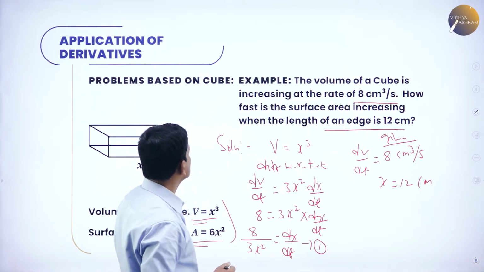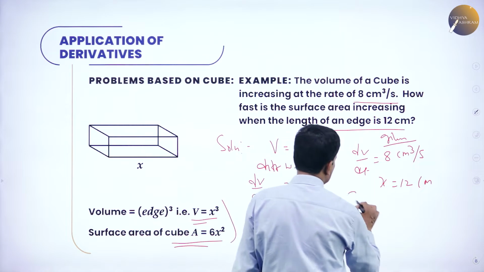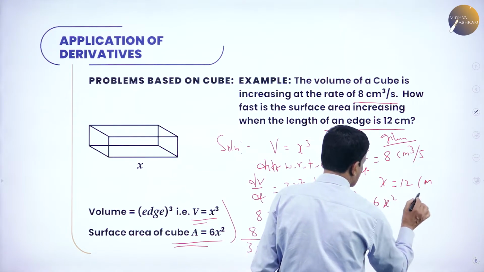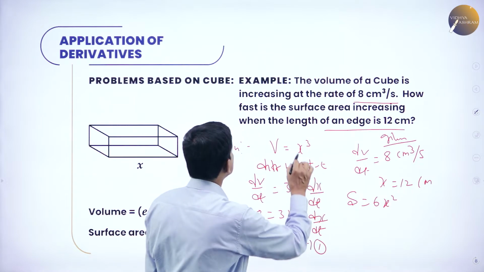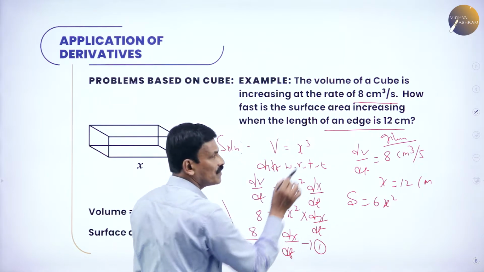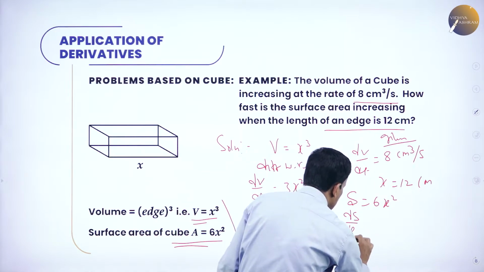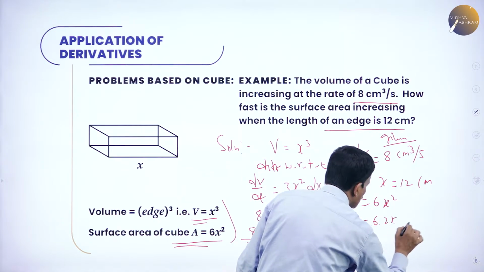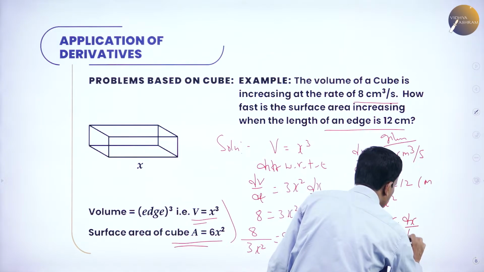Now, since we know the surface area is equal to 6x square, differentiate this. What is required to find is how fast the surface area is increasing. That means dS by dt. Differentiate this. dS by dt is equal to 6 into differentiation of x square, which is 2x into dx by dt.